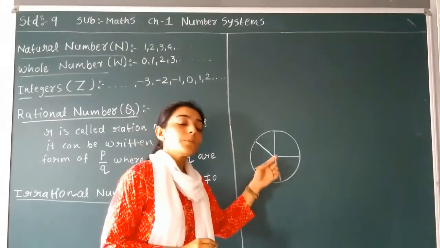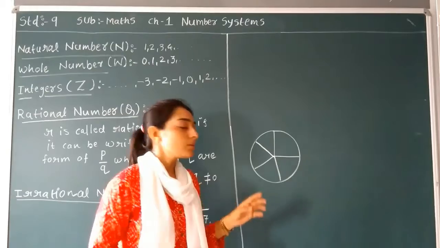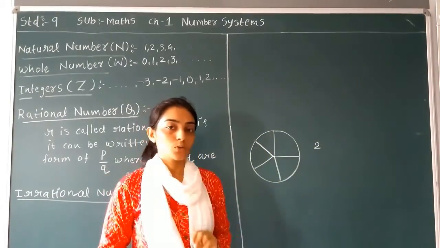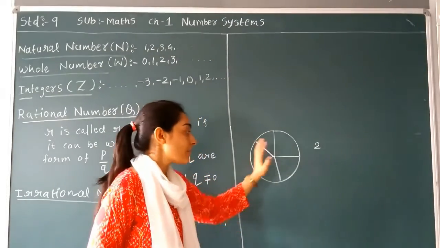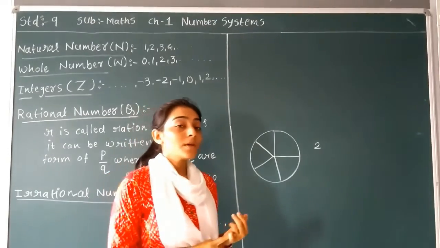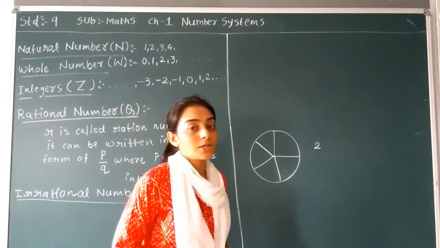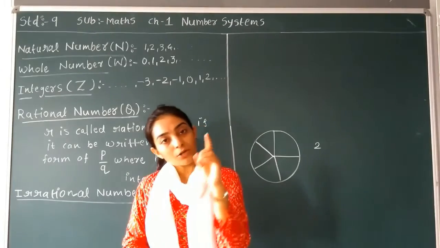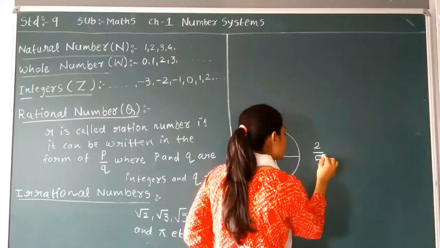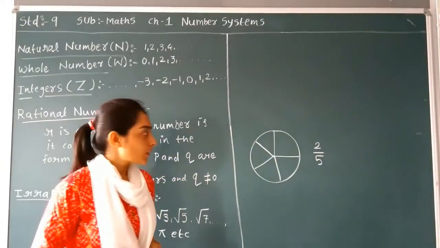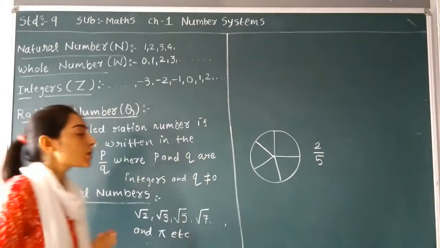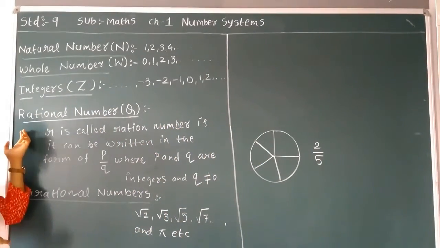You ate 2 slices out of 5 slices. So if someone asks how much pizza you ate, you directly say it's 2/5 pizza I ate. So this 2/5 number will be included in rational numbers.